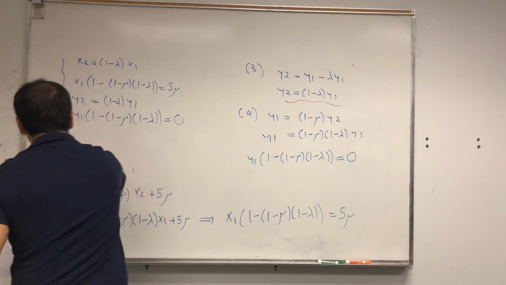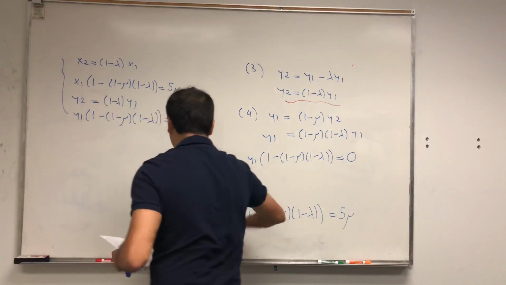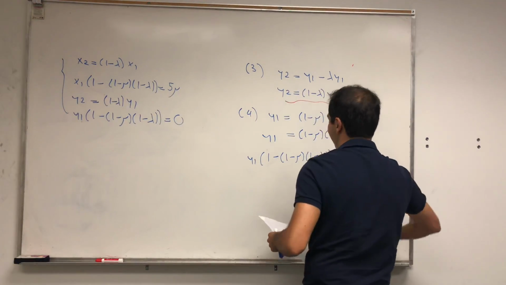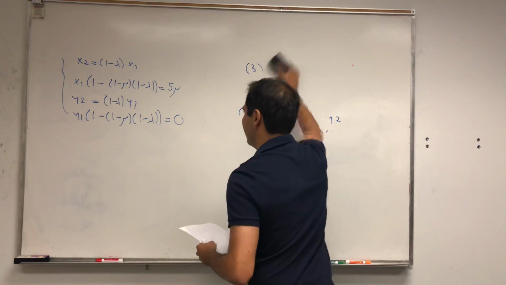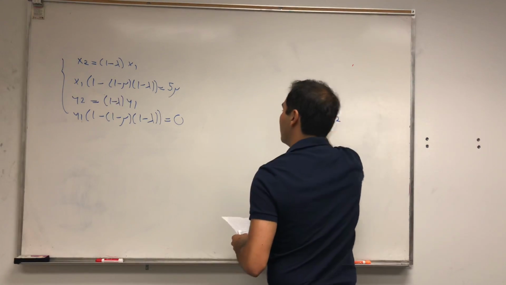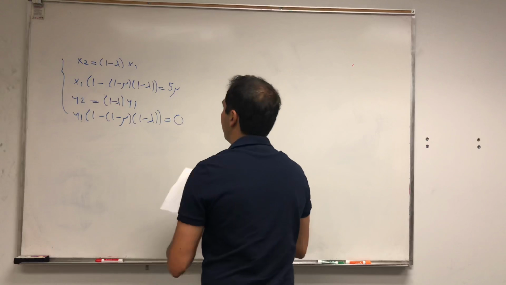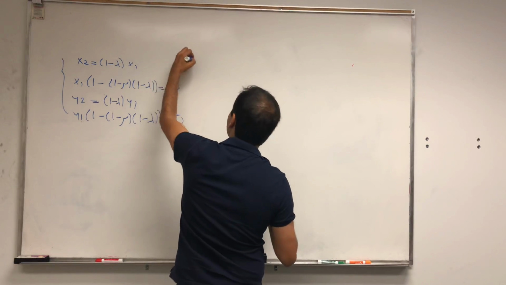So those become our new equations, 1, 2, 3, 4. And remember, we also have the constraint, which we'll talk about in a second. So let's just call them 1, 2, 3, 4 again.